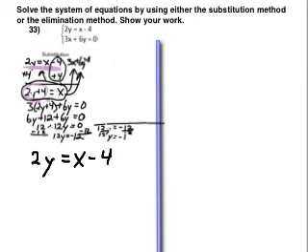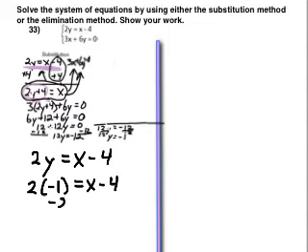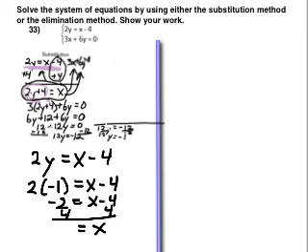I'll put my negative 1 in for y. 2 times the negative 1 equals x minus 4. So we've got negative 2 equals x minus 4. Add 4, add 4, and we get x equals 2.